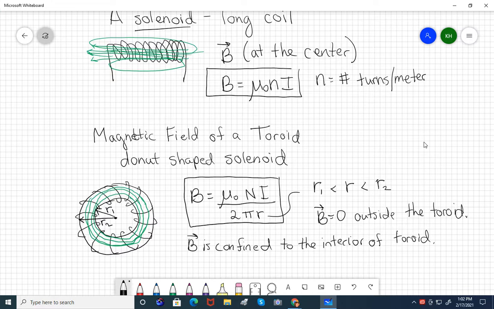I'll tell you what, let me go ahead and get a textbook and let's just work one example with either a solenoid or a toroid or both. Let's see if we can find one. Chapter 20, here I am.